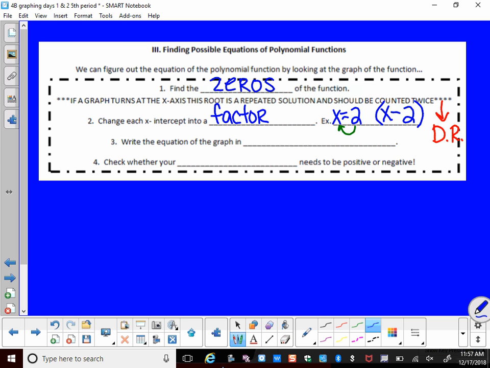You take the opposite sign. It was a +2 when it was an x-intercept. When I make a factor, it becomes the opposite. You are then going to write the equation of the graph in y equals plus your factored form.